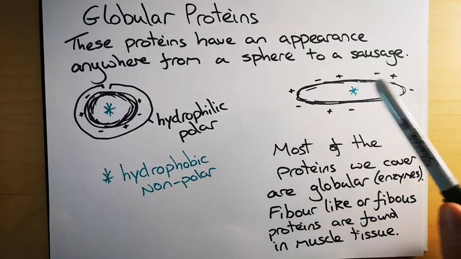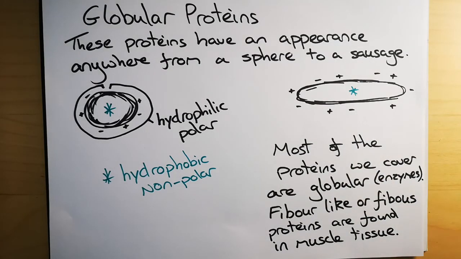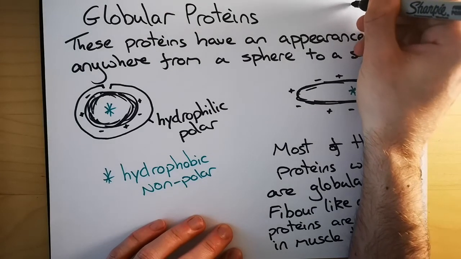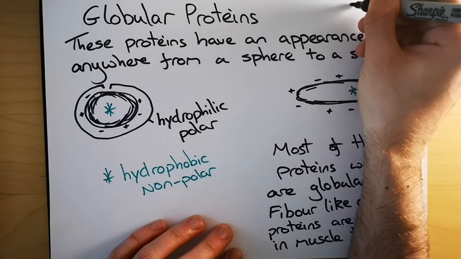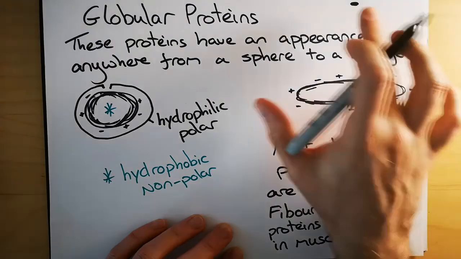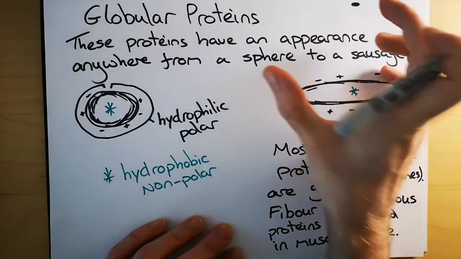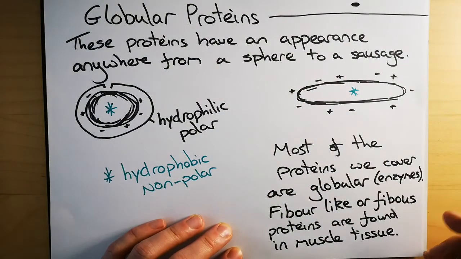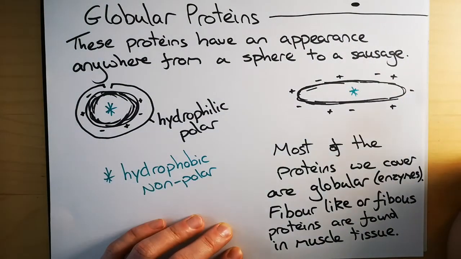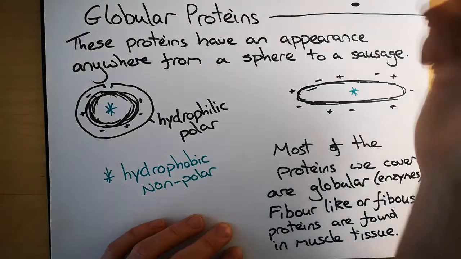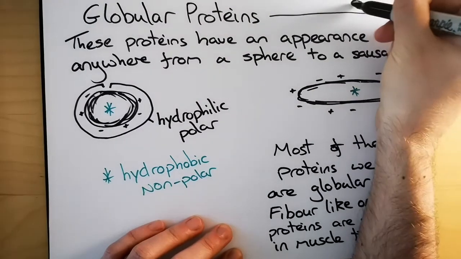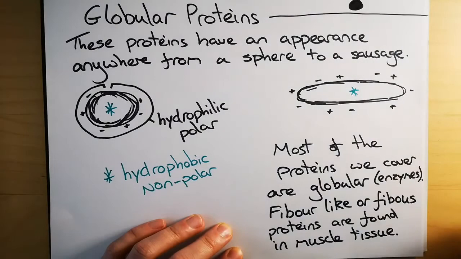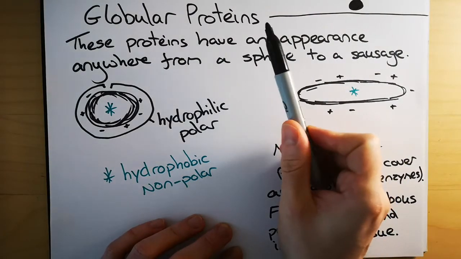These are both globular. This one's a bit more sausage shape. To put it in perspective, a globular protein would maybe be like this kind of cluster, whereas your fibrous proteins are going to be absolutely huge, and they're going to stretch. They're very, very thin, and I've probably not done a good job showing you quite how fat that globular protein can be compared to the fibrous protein.